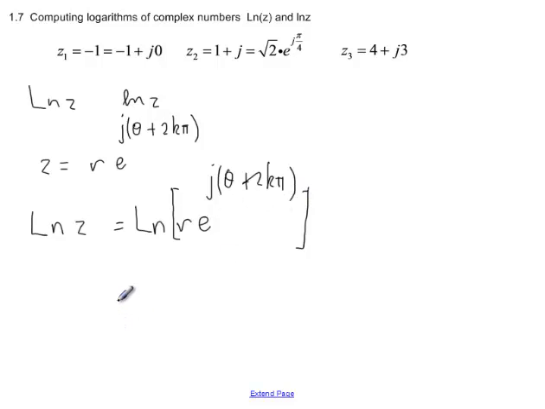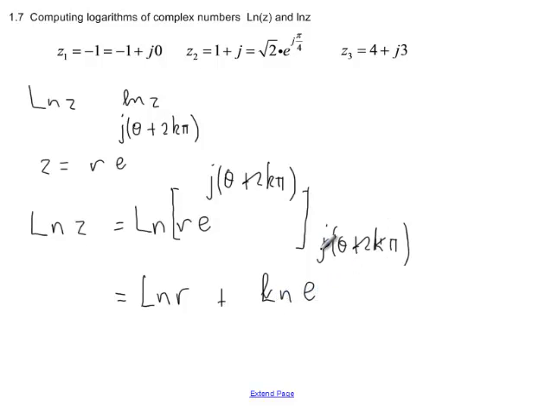Then, applying the rules of logarithm, we can say ln r plus L of e to the power j (theta plus 2k pi). Now this is L, this is e, a function and its inverse.